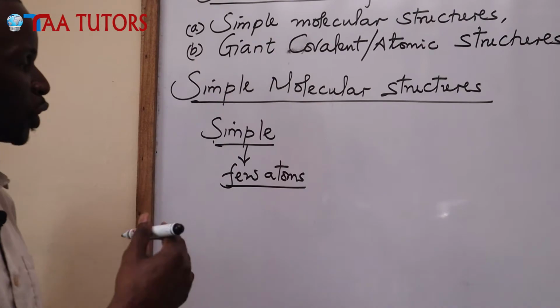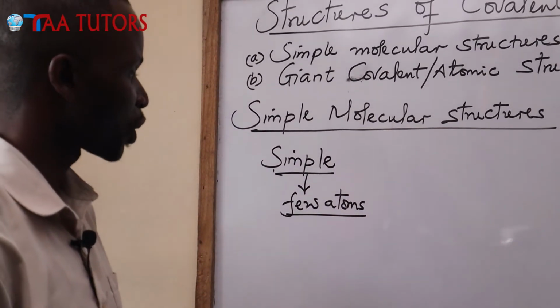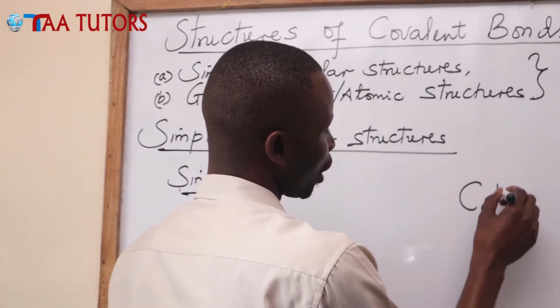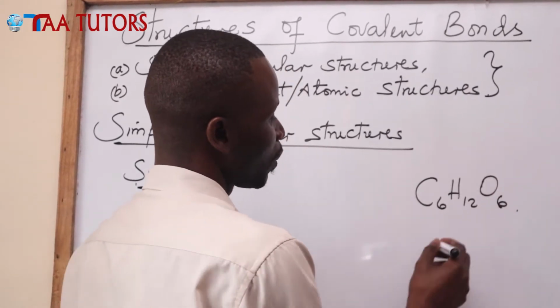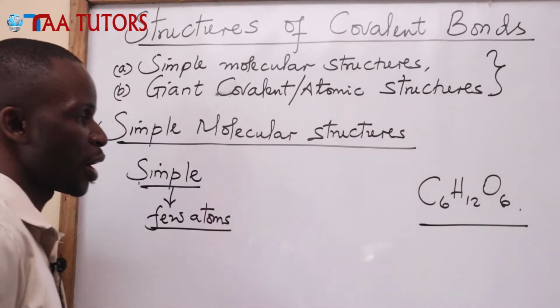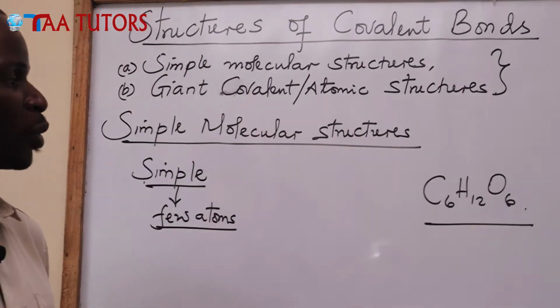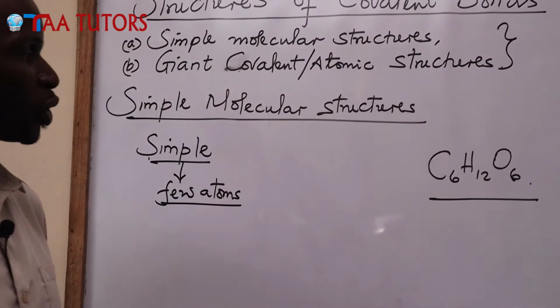Could be 2, 3, 4, 5, could even be 30, but that 30 we are still considering very small. For example, if I take sugar, C6H12O6, this is glucose. If you look at the number of atoms involved here, it is 6 plus 12 plus 6, which is 24. So that 24 we still consider a simple molecular structure, not giant.